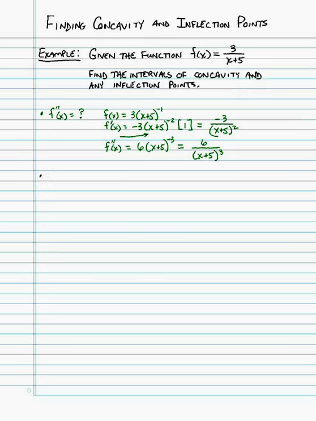Now, the next thing we need to know are the critical numbers for the second derivative. And so that would be two things. Where the second derivative is 0, we've been through this many times, haven't we? Where the second derivative is 0, or where the second derivative is undefined.